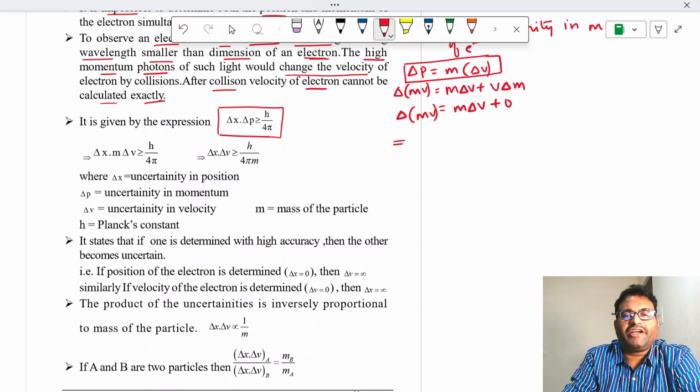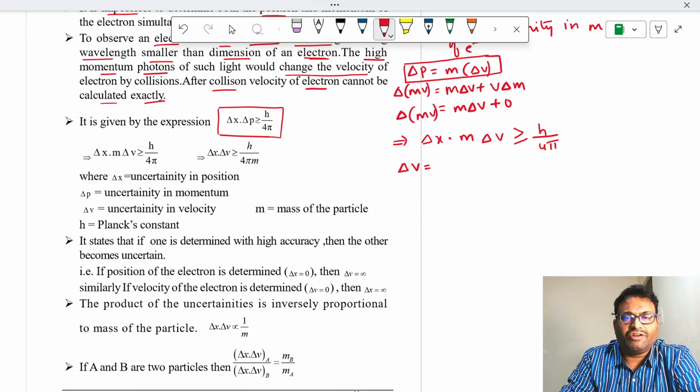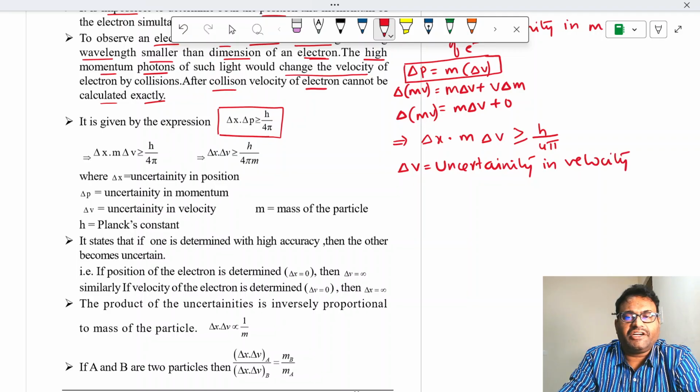So again writing Heisenberg uncertainty principle, delta x into m into delta v is greater than or equal to h by 4 pi. Then what is delta v? Error in velocity, or we say the uncertainty in velocity of electron.